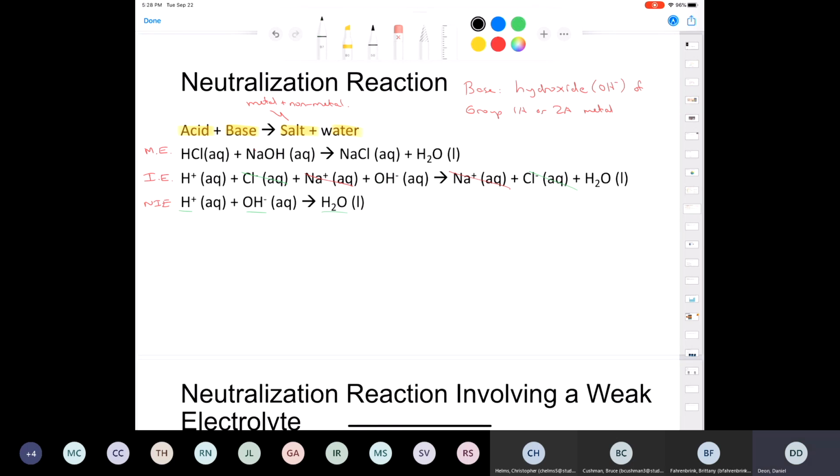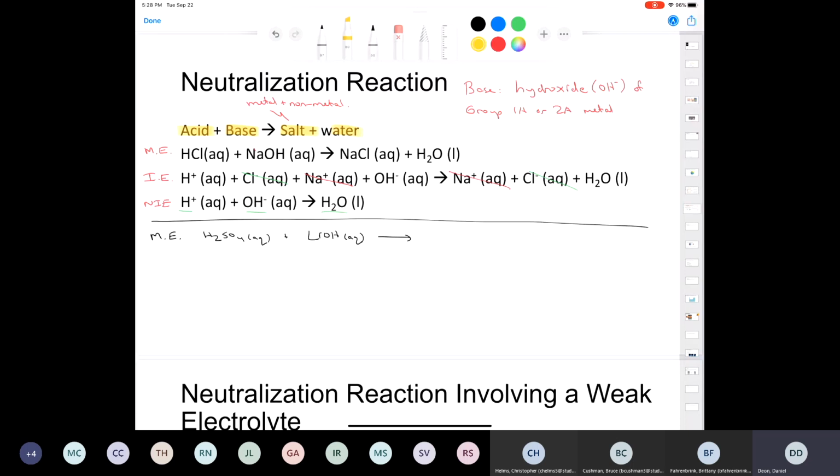Let's try one together as a group. Now I'm going to cut the screen here a little bit, and I'm going to write a molecular equation. What if we had sulfuric acid, which is a strong acid, and we added that to lithium hydroxide? And then what would we end up with?